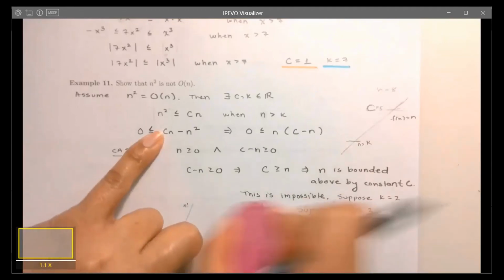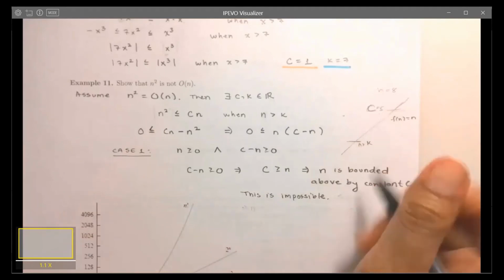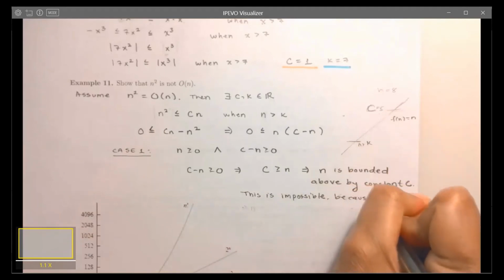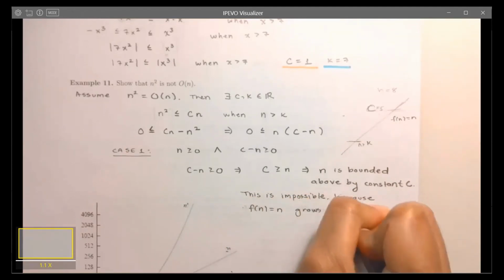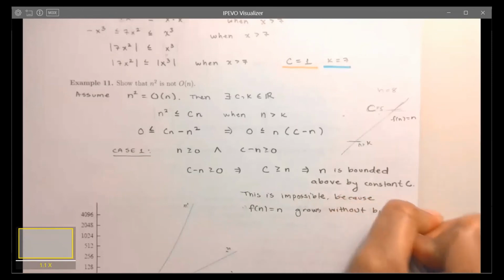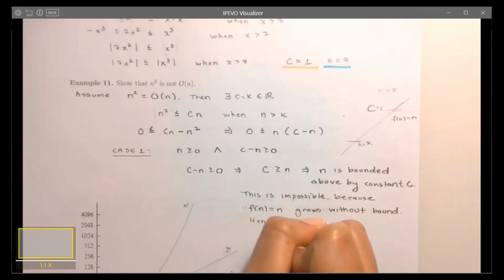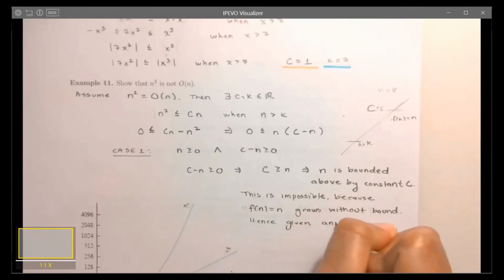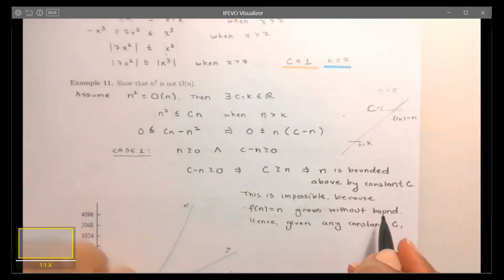Let me change the explanation here. This is impossible because f of n equal to n grows without bound. So hence, given any constant c, I can give you a value for n for which the function is going to be greater than c.